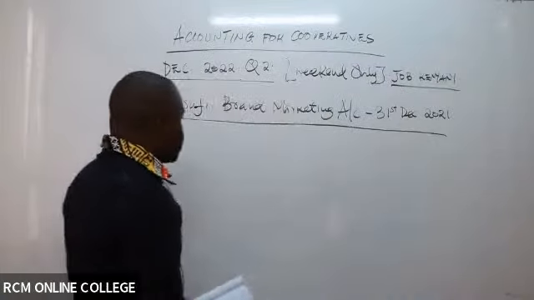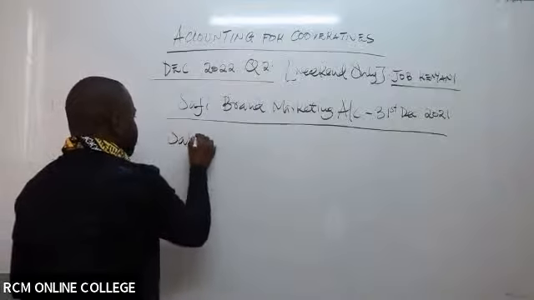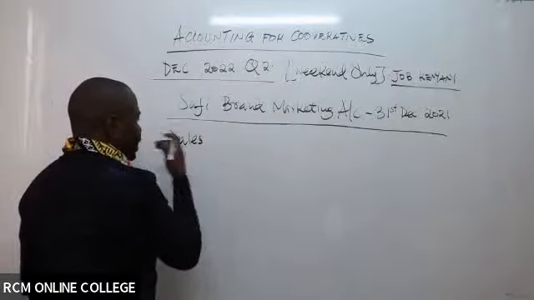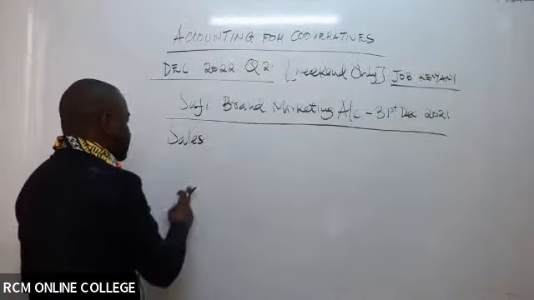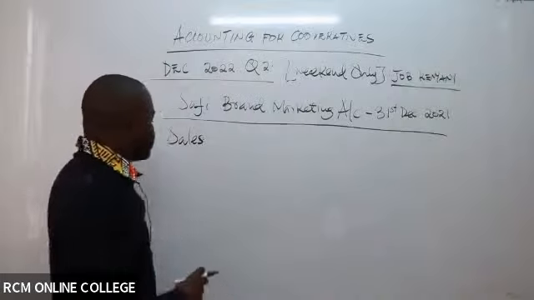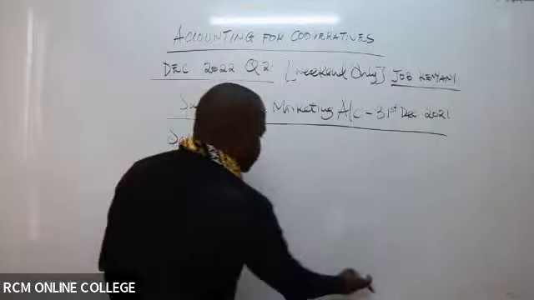So the normal format for getting profit is to start with the sales, then reduce the cost of sales, then reduce the expenses, and then you'll realize the profit.